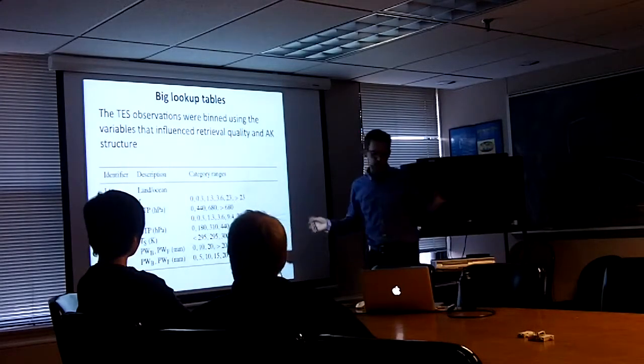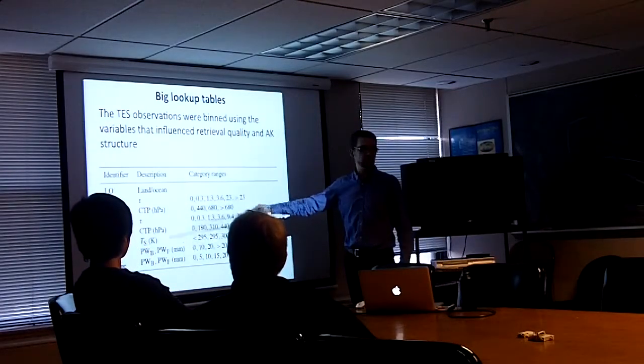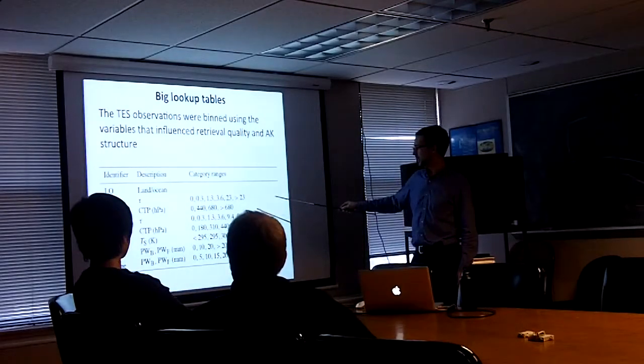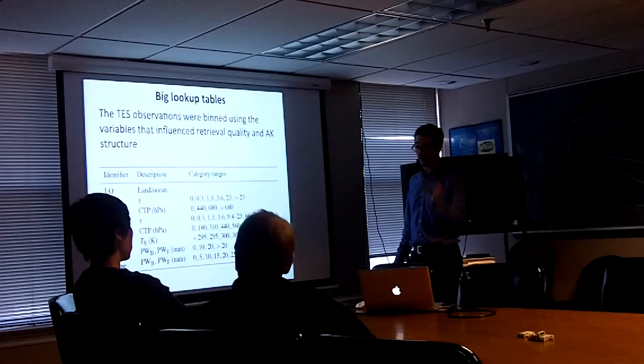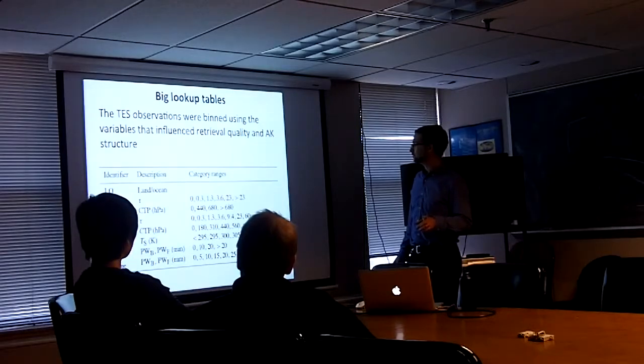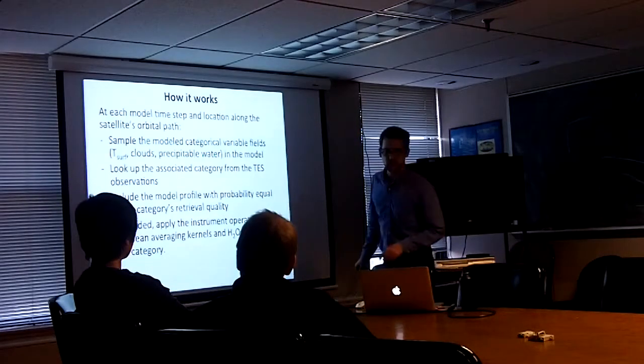We take all the data and sort it according to different combinations of these variables, and then for each bin within a categorization, look at the mean retrieval quality, the mean averaging kernels and H2O priors, and then look those up when applying the operator to the model.